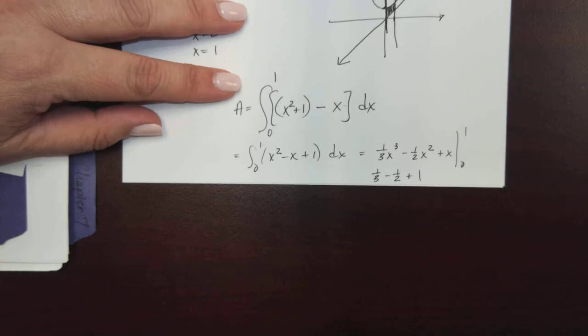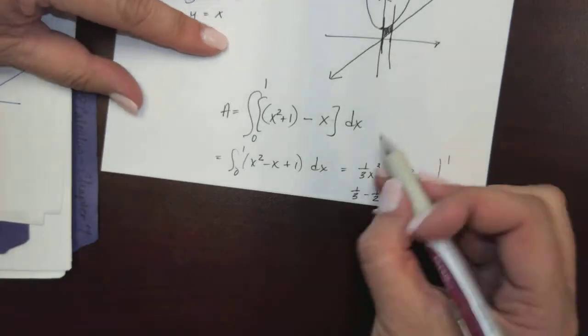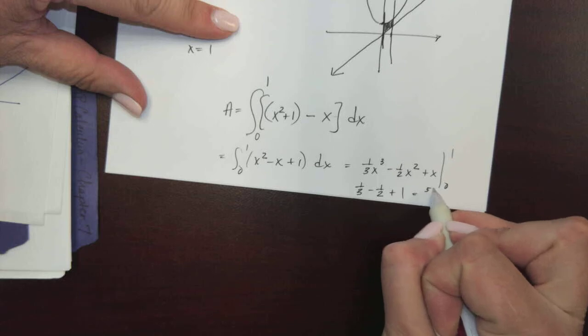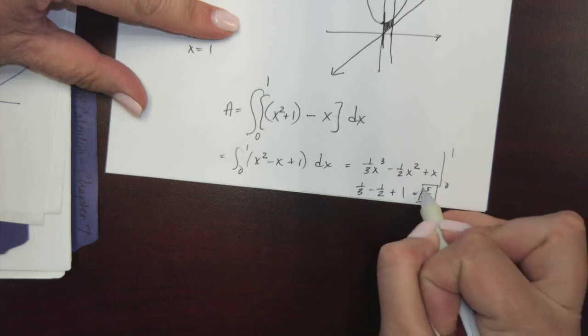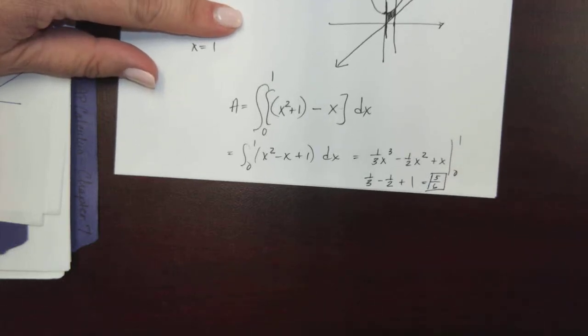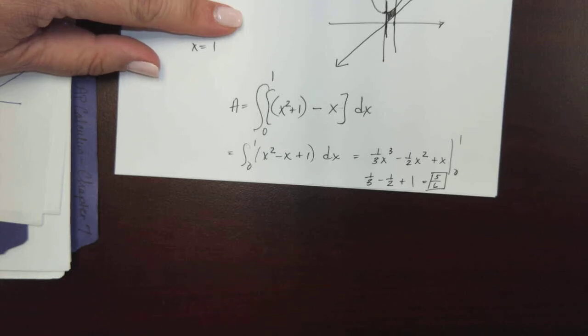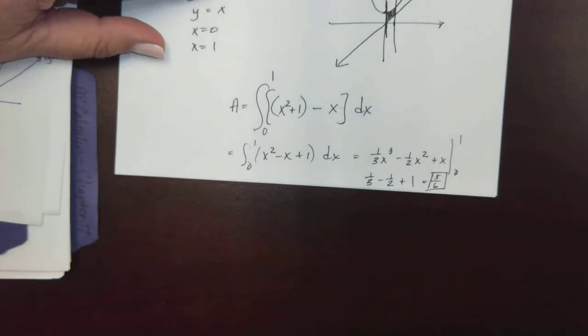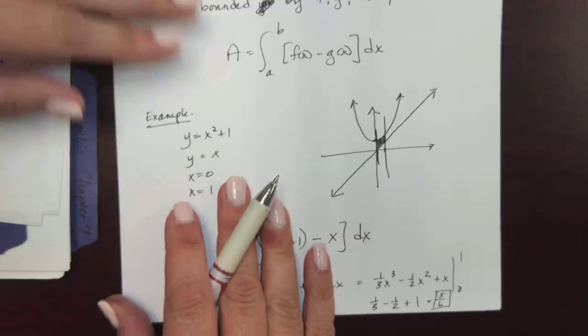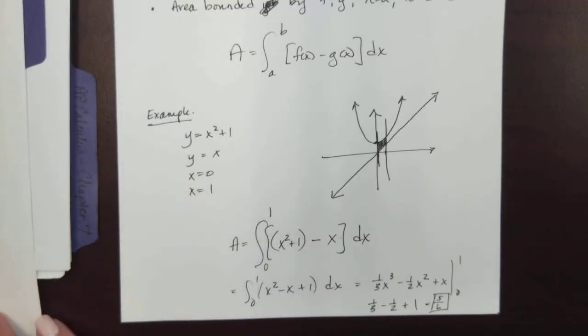For sake of time, I know you know how to find a common denominator, this is 5/6. That's your final answer. No units were given. If they were given, we would be able to do something with that, but you do not need to write units squared. So the area is 5/6.